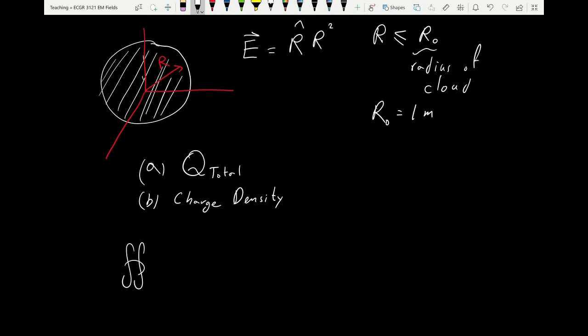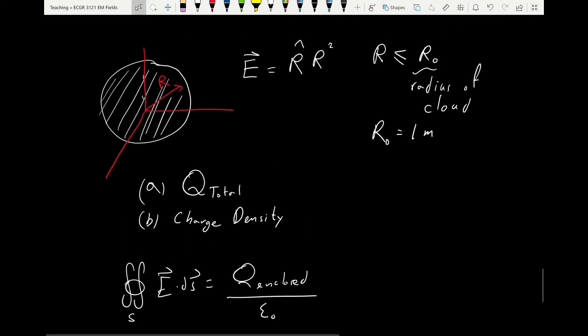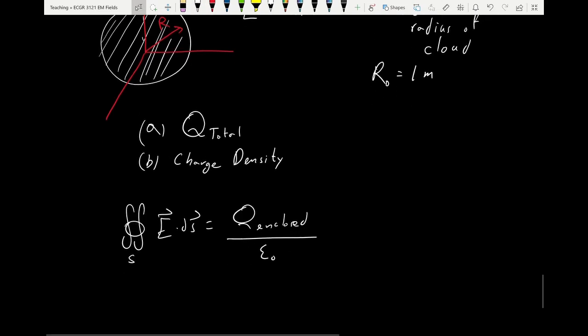Remember, if we integrate E dot ds over a closed surface, and that surface is the border of the cloud, that equals Q enclosed over epsilon naught. If we assume the Gaussian surface is the boundary of the cloud, we can use that to give us Q total.